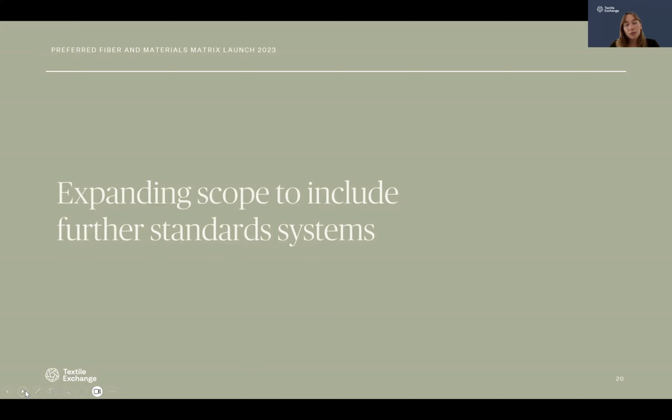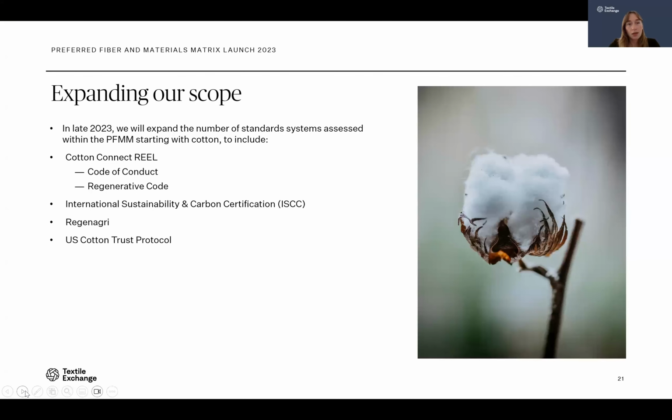Beyond this, we'll be focusing on expanding the scope of the tool, initially to include further standards systems. We'll firstly be focusing on cotton to expand the standard systems included within the tool, as we note that this is a really significant material category for the industry, but also one in which there are many standards in place.